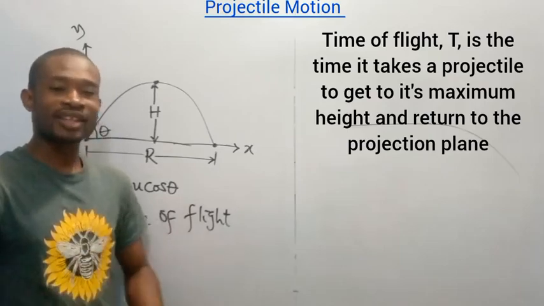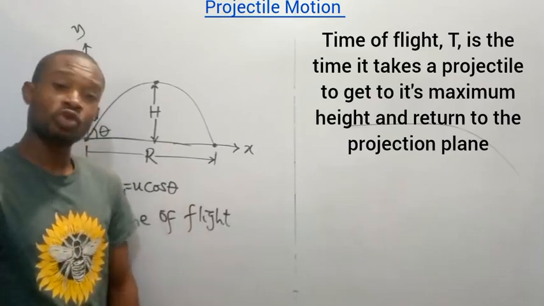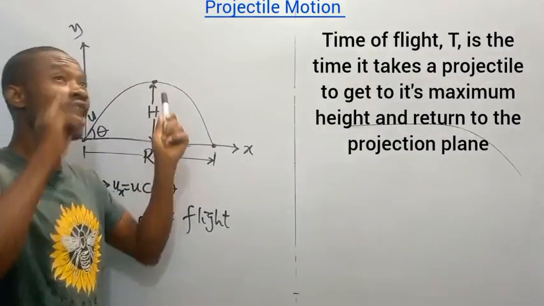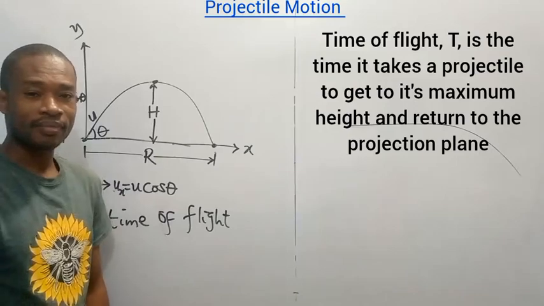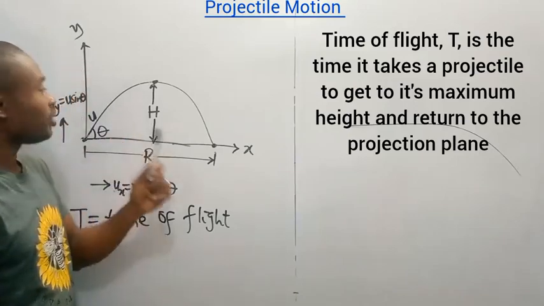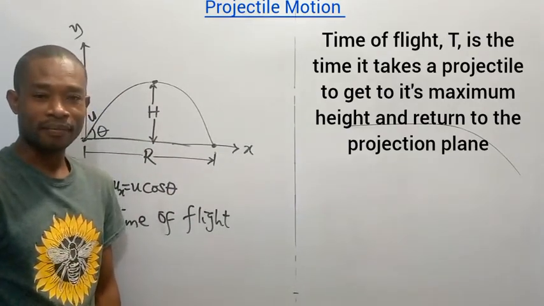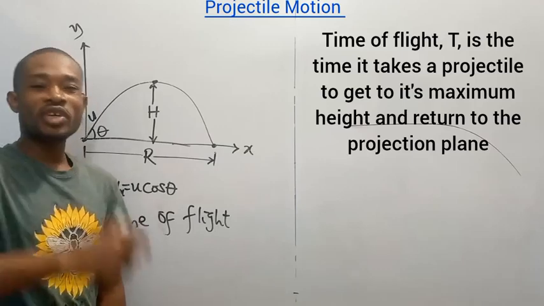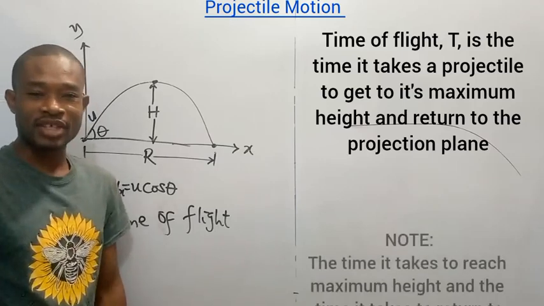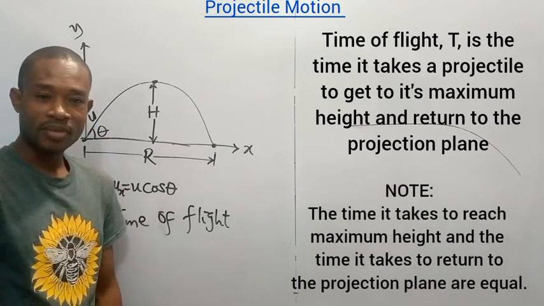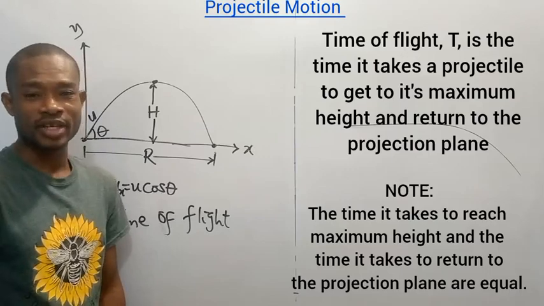That simply tells us that time of flight is made up of two times. One, the time it will take to move that projectile to the maximum height. And two, the time it will take for the projectile to return back to the projection plane. One interesting thing about these two times is that they are equal. And we can use small t to represent it.